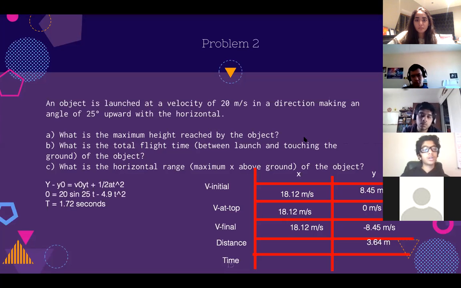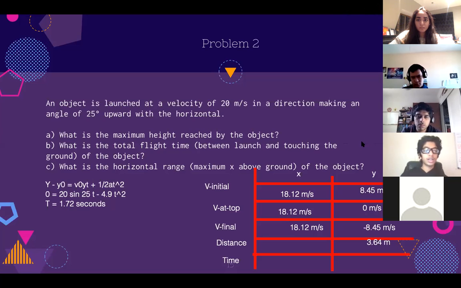Over here we have y equals v_y t plus 1/2 a t squared. Again, remember we take this independently, so we're only taking y distance, y velocity, and y acceleration and plugging in the numbers. We know the distance when it starts and ends will be 0, because it starts from the bottom and by the end it'll come back to the bottom. So the total displacement will be 0.